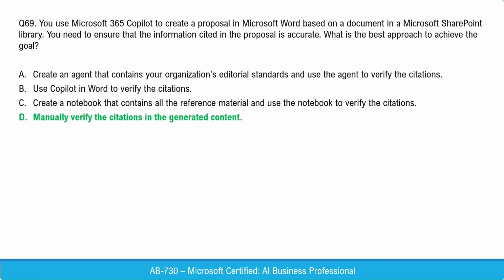Now let's look at other options. Creating an agent with editorial standards helps with consistency, not accuracy. Using Copilot to verify its own output is not reliable. And using a notebook helps organize content but does not validate it. So the safest and the best approach is manual verification, making D the correct answer.